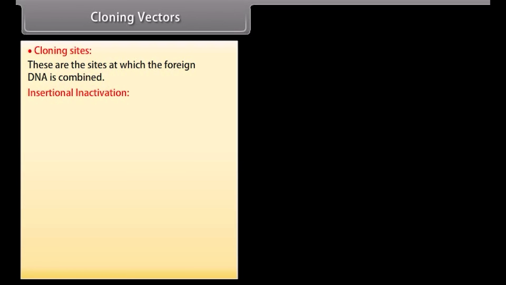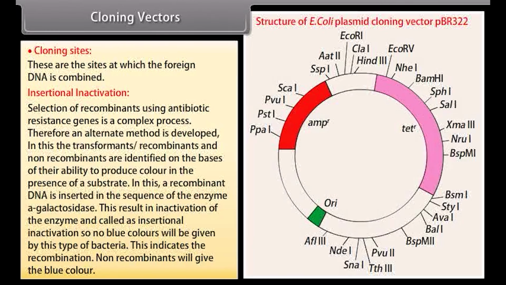Insertional inactivation. Selection of recombinants using antibiotic resistance genes is a complex process. Therefore, an alternate method is developed. In this, the recombinants and non-recombinants are identified on the basis of their ability to produce color in the presence of a substrate.